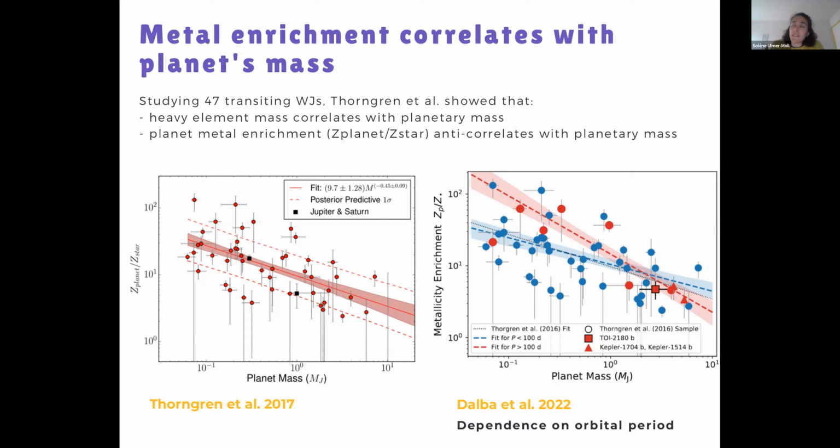And so these findings are broadly consistent with core accretion models, and they actually give us information on the type of accretion that happens in the protoplanetary disk, for example. So it's interesting to refine this mass metallicity relation.